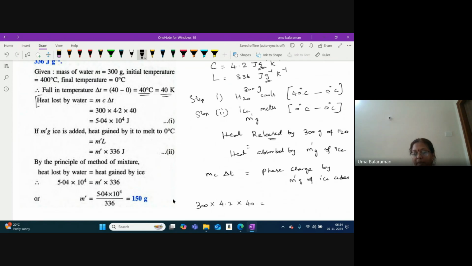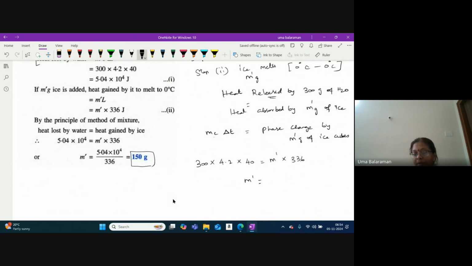So m dash grams into L, which is 336 joules. Heat energy released by the water is equal to heat energy absorbed by the ice cubes. So we can calculate m dash is equal to 150 grams.